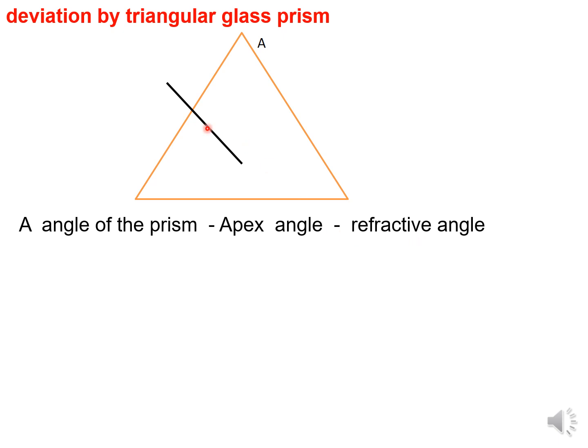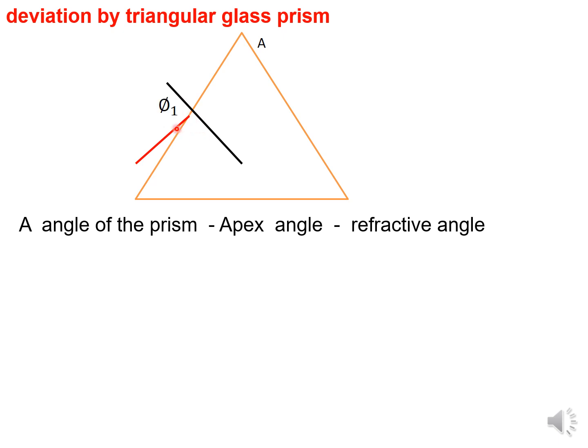This is a normal drawn on the face of the glass prism. This is an incident ray falling on the glass prism at the point of incidence, at the position of this normal.